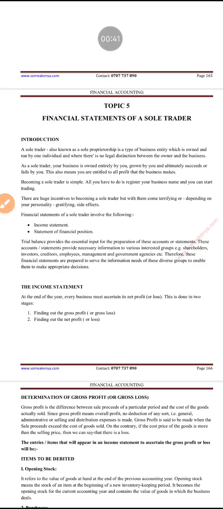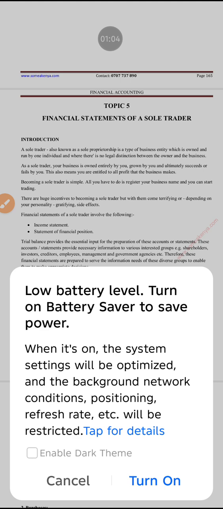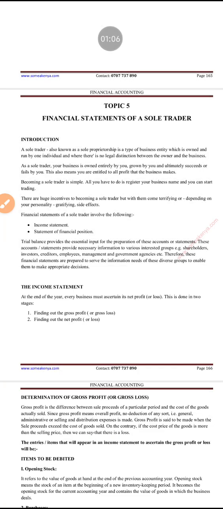As a sole trader, your business is owned entirely by you, grown by you, and ultimately succeeds or fails by you. So this also means that you are entitled to all profit that the business makes.